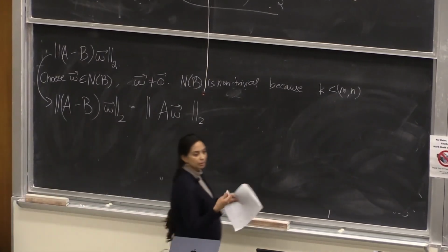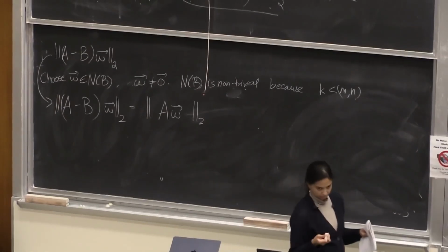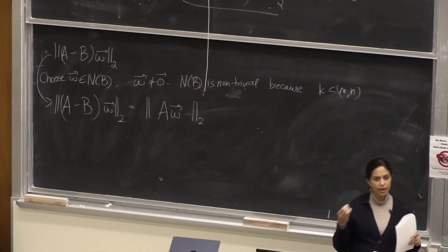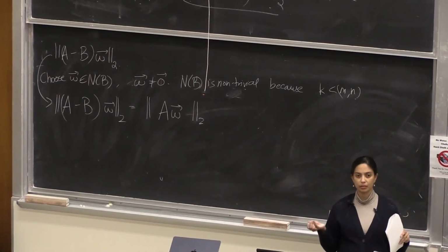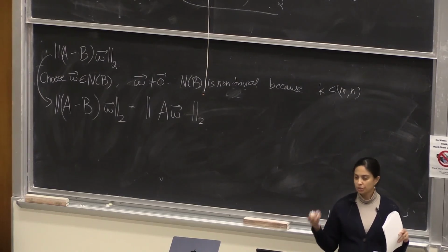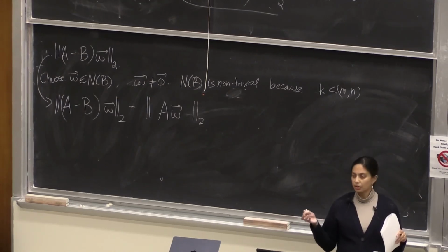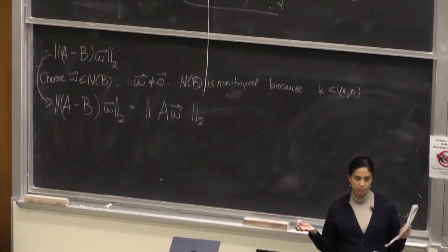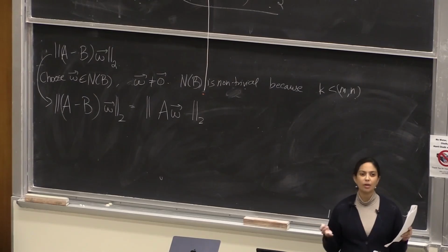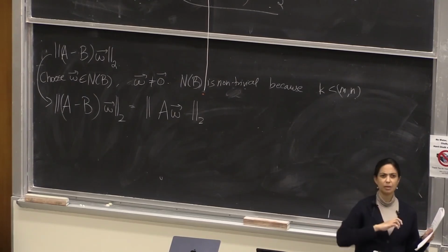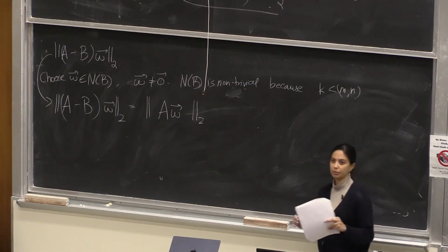So now we want to think about this AW. And now we start thinking about the SVD. W is some arbitrary vector, but if we want to think about how it interacts with A, what is the basis that it might be convenient to think of W in?